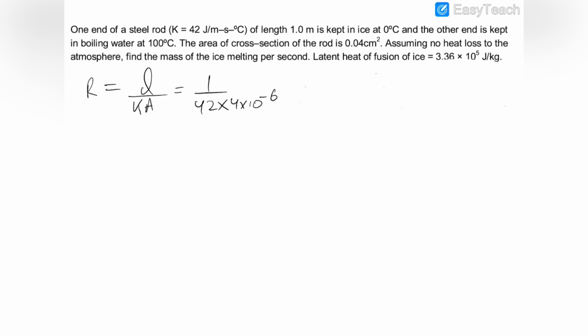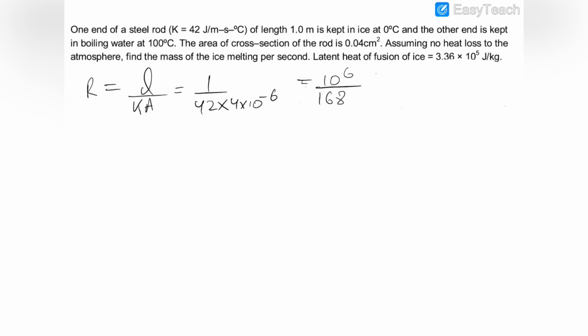You can see that this is 0.04, so we can write it as 4 into 10 raised to power minus 2, and we have converted the centimeter square into meter square by multiplying the additional term of 10 raised to power minus 4. Now this is the resistance, which is 10 raised to power 6 upon 168.